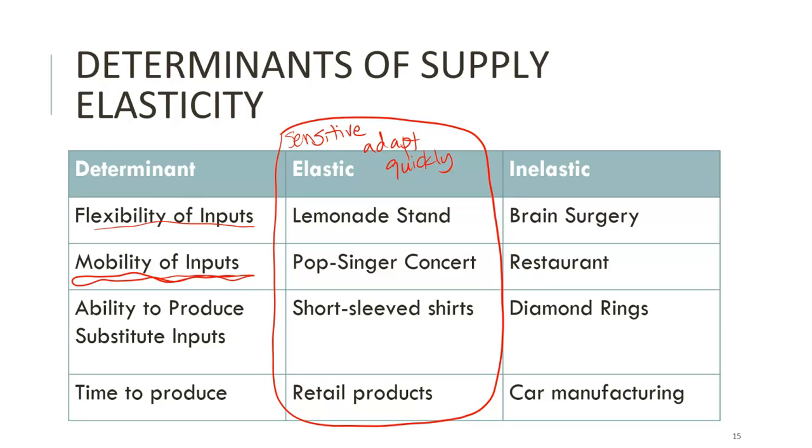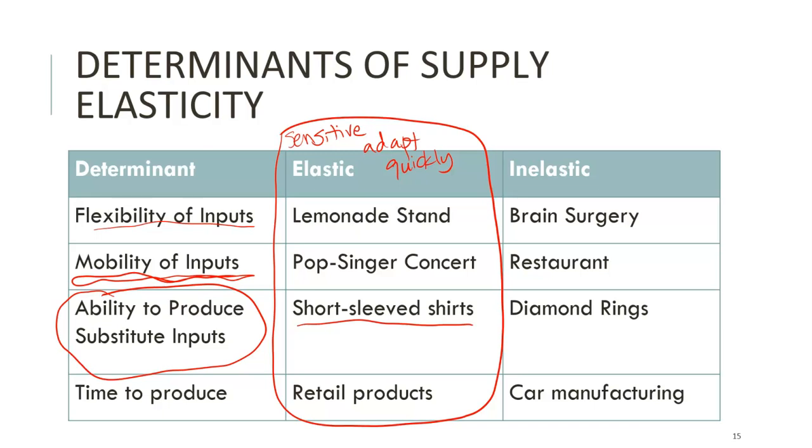The third category is actually fairly similar to the first one: ability to produce substitute inputs. This tends to be more related to companies that produce some of their inputs as well as the final product. So you could think about if you sell short sleeve shirts, but you also make the fabric and turn it into shirts, and there's issues with cotton or something else, you're able to quickly substitute for something else.